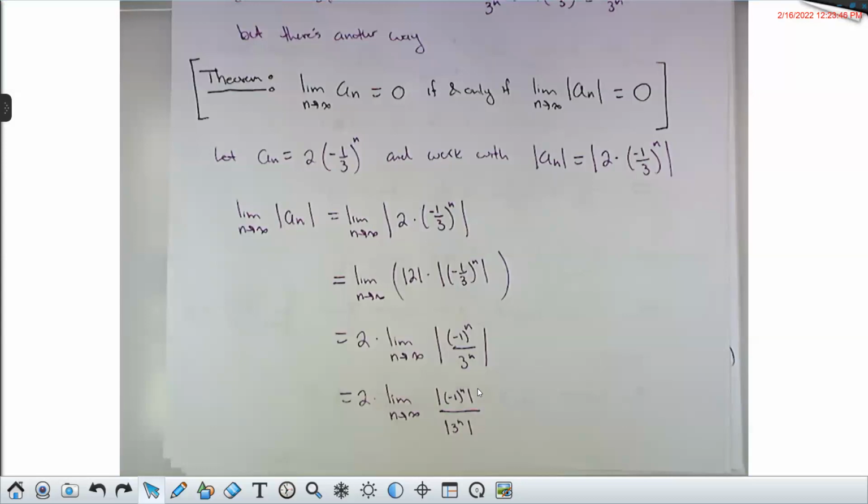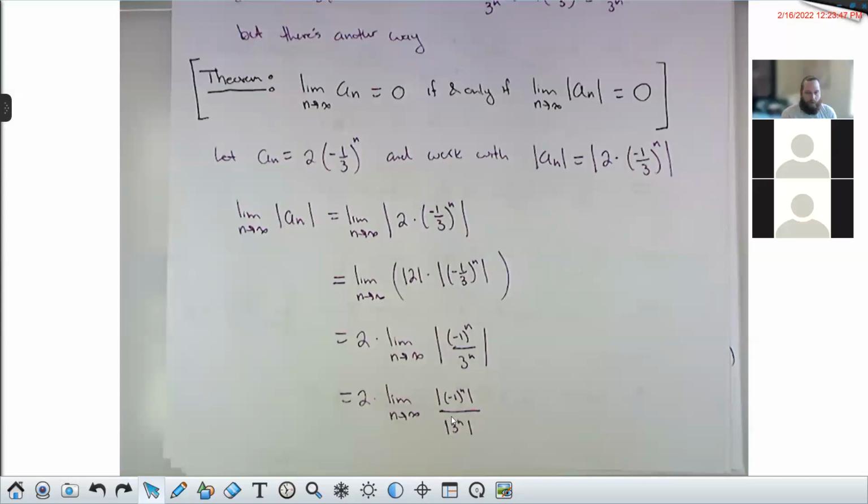Three to the n is an exponential, right? This is a constant base raised to a variable power. Those are always positive. So this is definitely positive. So I can lose the absolute values downstairs.